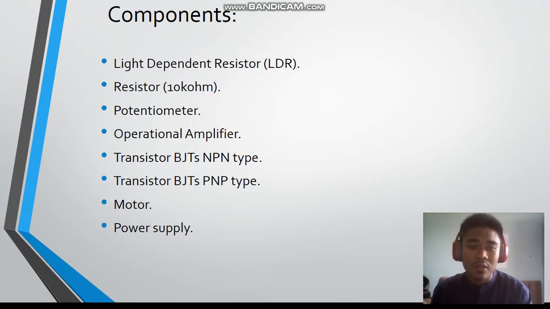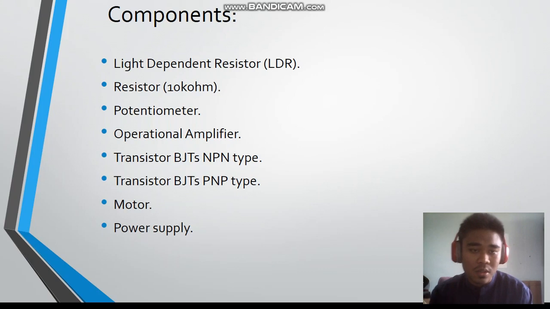In this project, various components will be used. The main and important one is the light dependent resistor, or we call it the phototransistor. We use two LDRs, LDR1 and LDR2.